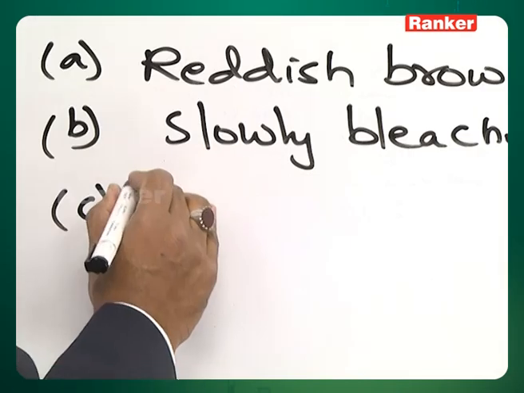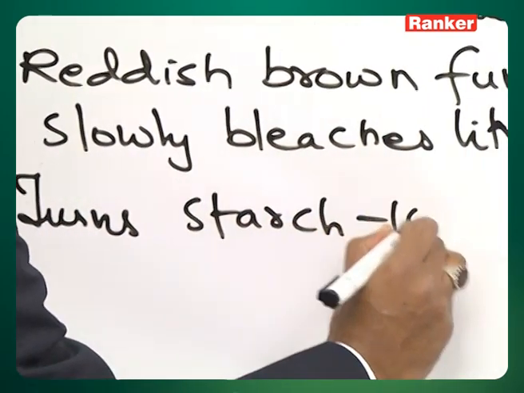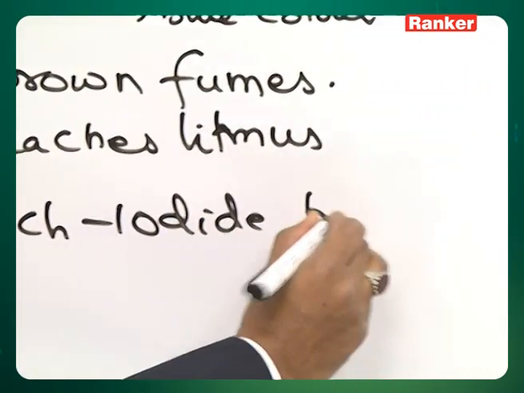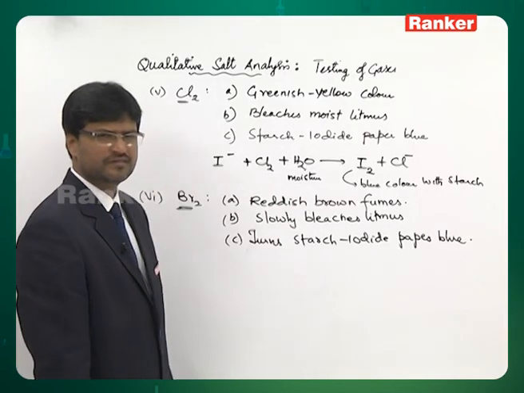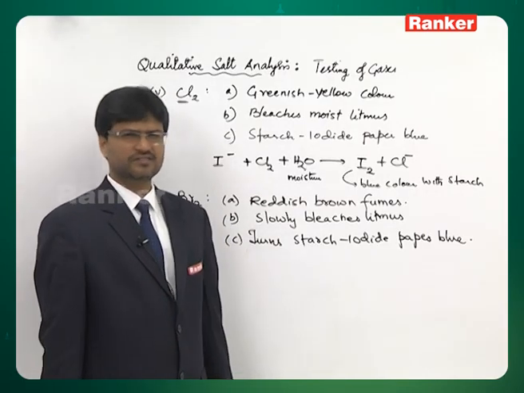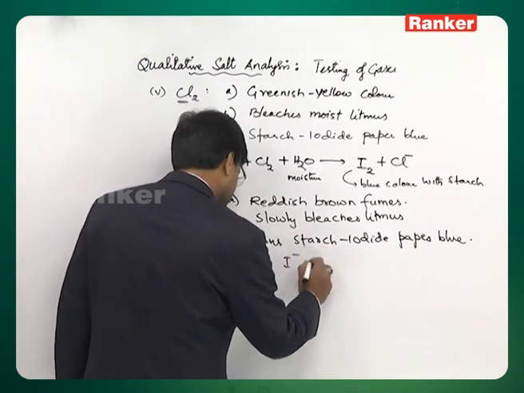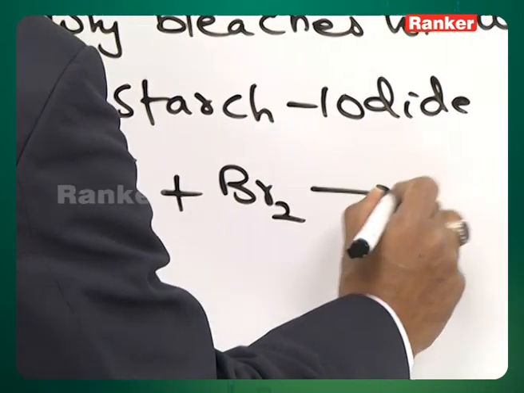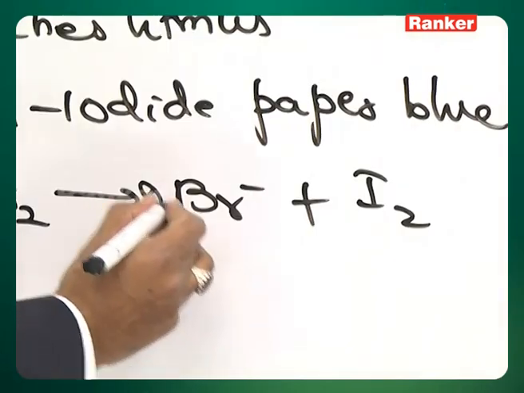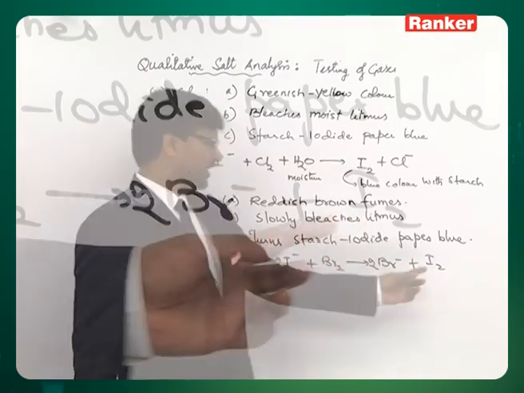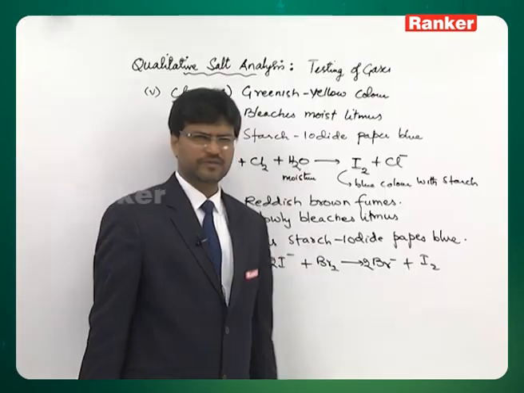C, turns starch iodide paper blue. Here also remember, bromine is a stronger oxidizing agent than iodine, so it oxidizes iodide to iodine. Iodide plus bromine gives bromide plus iodine. It is the iodine which is formed in the reaction that is responsible for turning starch paper blue.